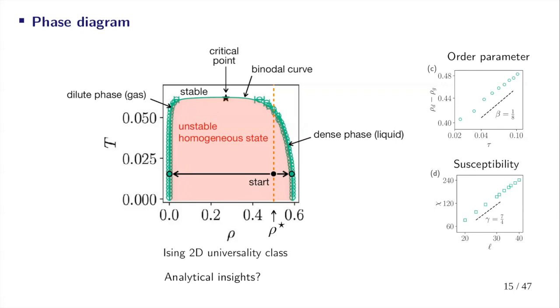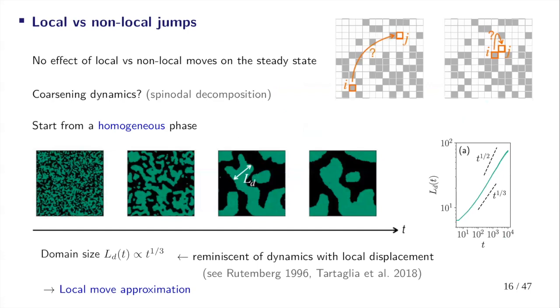And so we would like to get analytical insights on, for instance, the dense phase that you reach here. Can you predict the density, the sub-optimal density that you will reach? Okay. And for that, we were wondering, okay, it's a system where particles can jump anywhere.